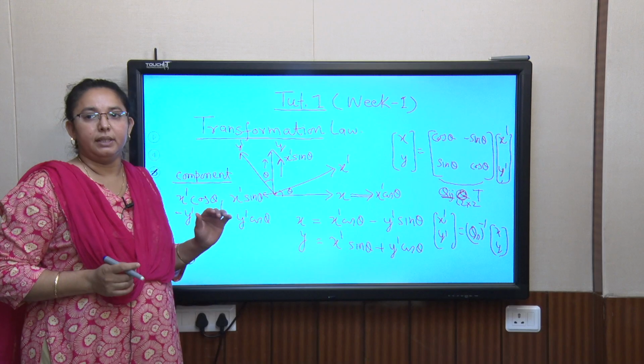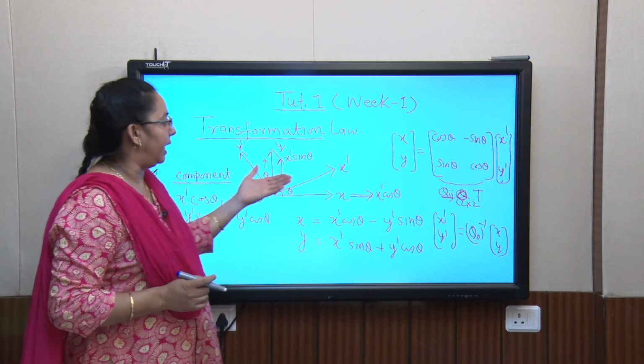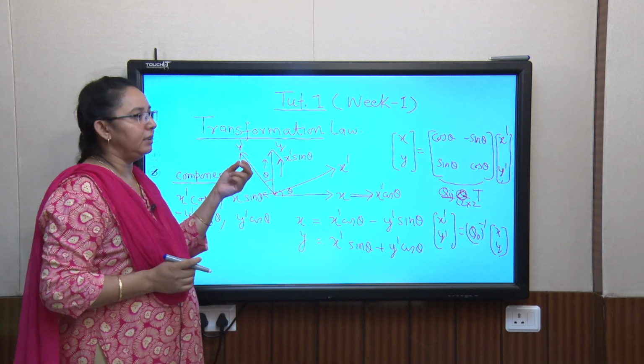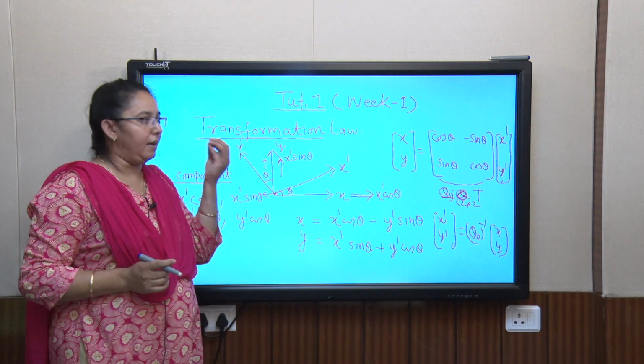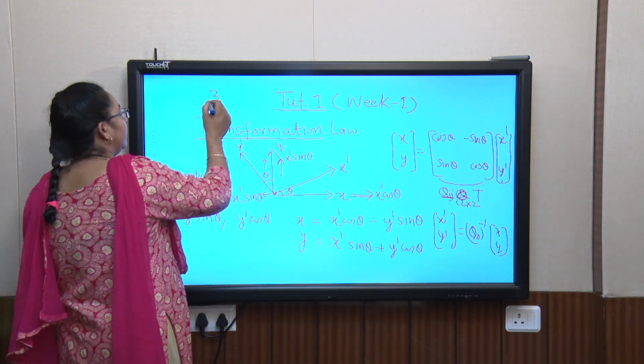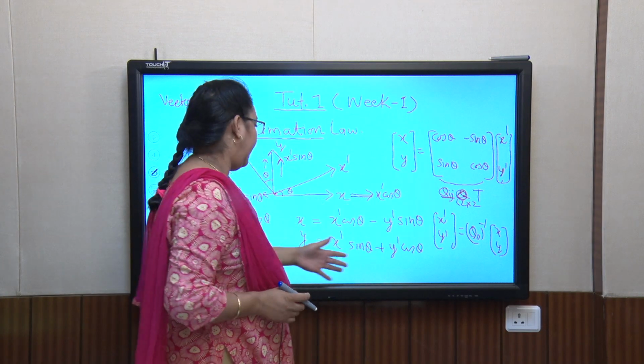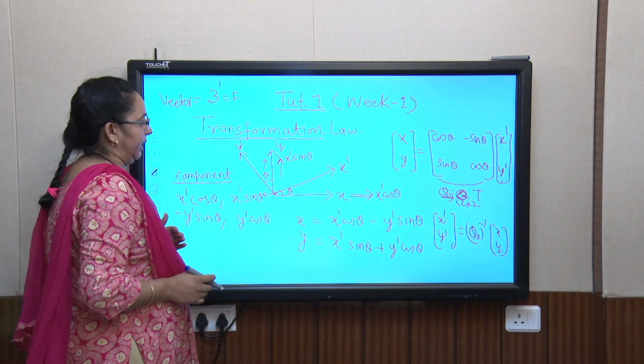This transformation is valid when you have a vectorial quantity, that is, a first order tensor, a vector. So, if you write x and y, or u, v, w, fx, fy, you can transform accordingly.